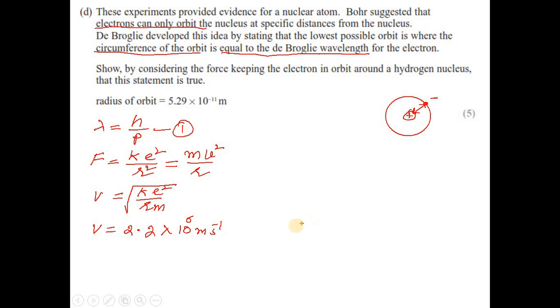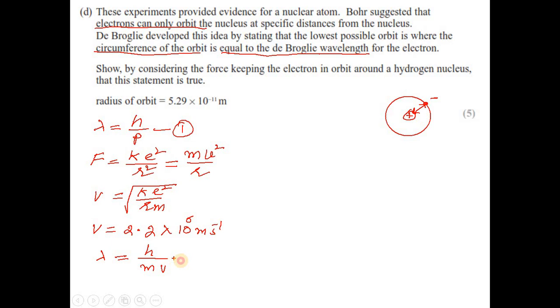This is the velocity. And now that we have the velocity, we can figure out the wavelength. So lambda is equal to h upon p, as per equation number 1 here, and p is the momentum, so m times v. We have v here, 2.2, and we have the mass in the data sheet.